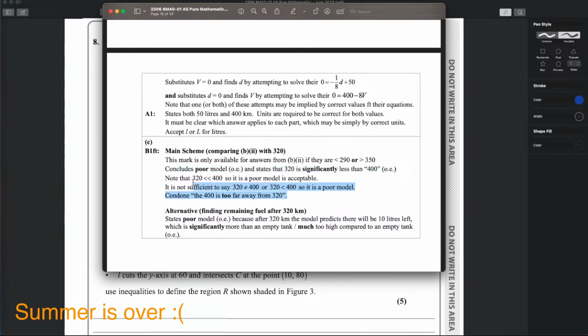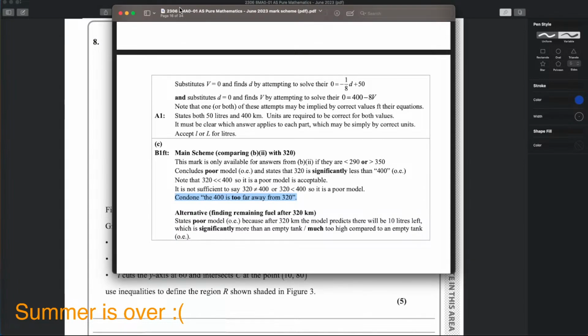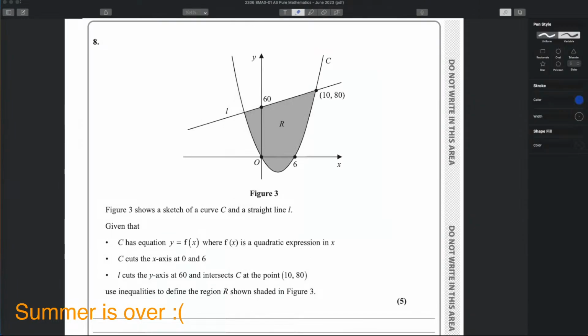That's the key. You don't actually have to give reasons why it might not fit the data. You just have to say it's a poor model, that's all.